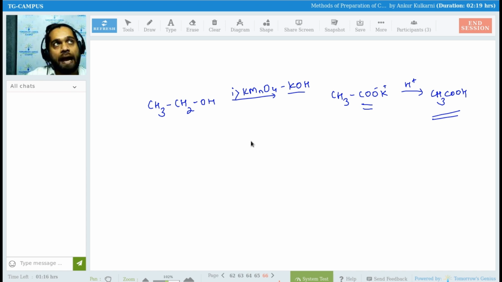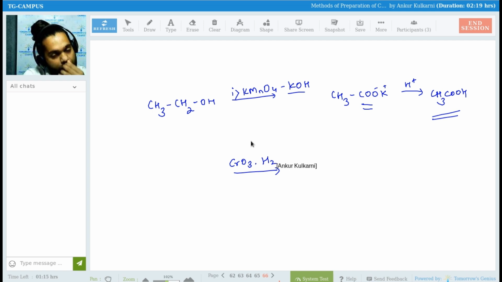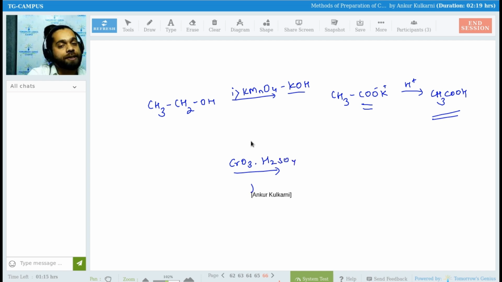Now, for acidic medium, even K2Cr2O7 in acidic medium is quite mild, not as strong. Sasitharan, for acidic medium, you can use a Jones reagent. Okay, you can use a Jones reagent. That is your CrO3 H2SO4. This is a better one. Okay, so again, if I have alcohol, it will directly give me acid.